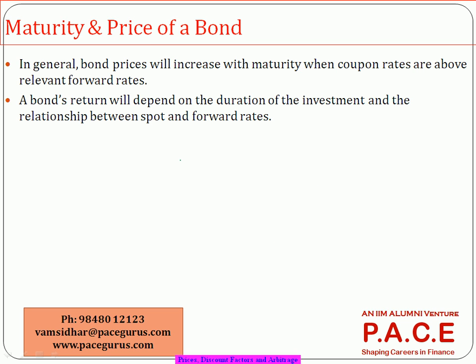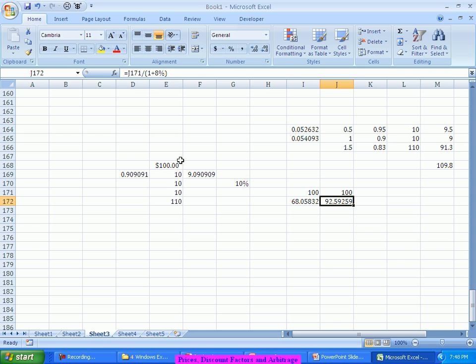And in general, the maturity of the bond will play a key role in the pricing. So if we see here, the price is 93. Let's say I'm not talking about a 4-year maturity bond, I'm just talking about a 3-year maturity bond.